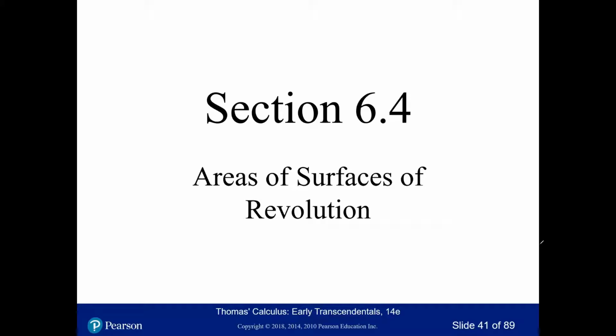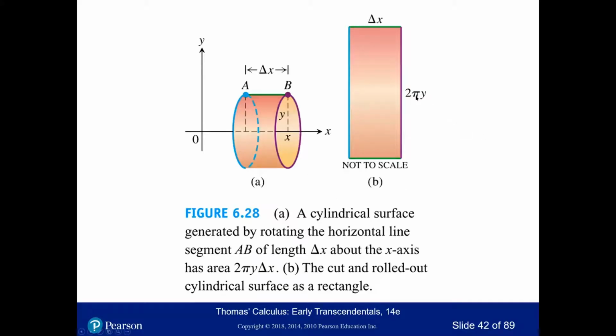All right, 6.4, we're looking at areas of surface of revolution. So let's start with something simple. Right, if you take a strip of, let's say, a rectangular piece of paper, and then put them in a circle like that, then we're wondering what's the area of this circle, right? And by stretching out, we are actually just looking at a rectangle, right?